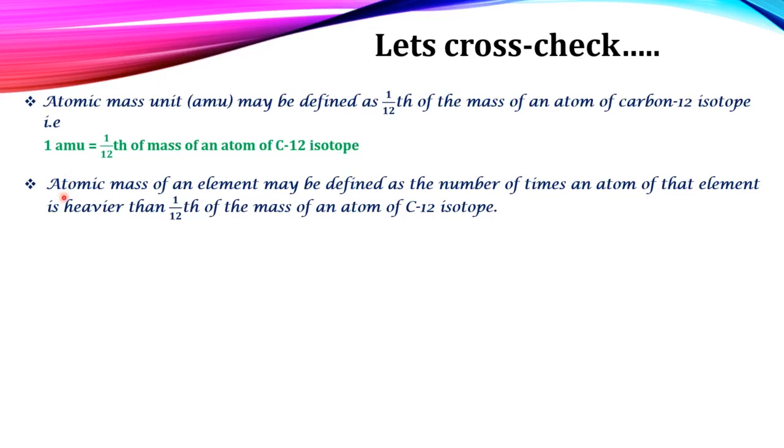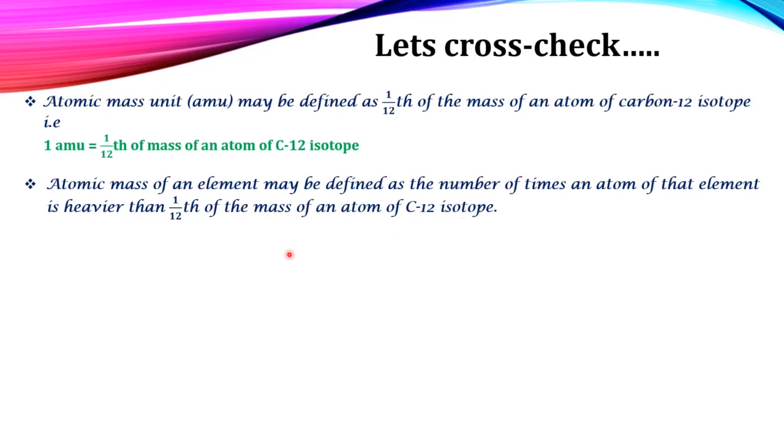Now, what is the atomic mass of any of the elements that we are going to use or refer to? That will be defined as the number of times an atom of that element is heavier than 1/12 of the mass of an atom of carbon 12 isotope.